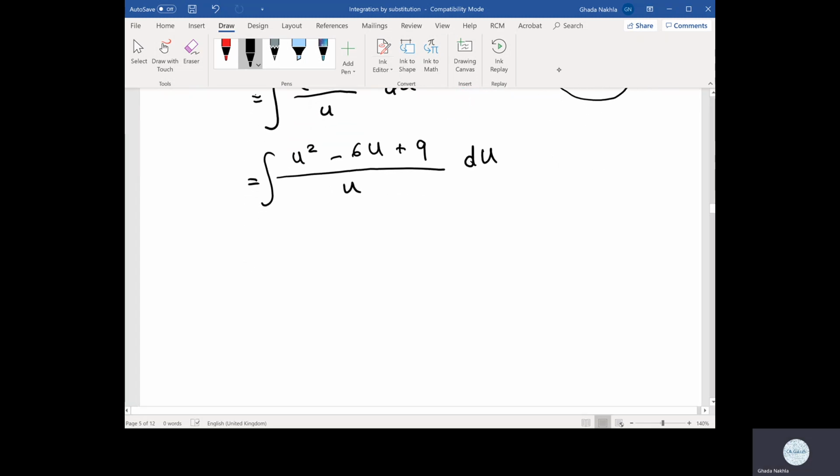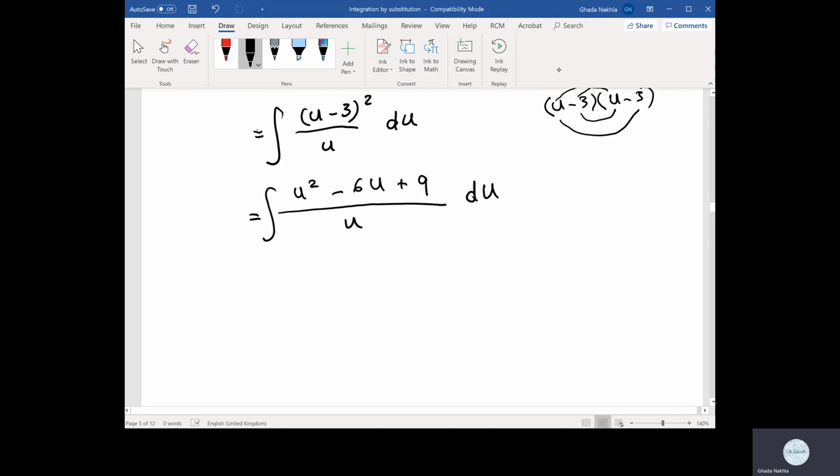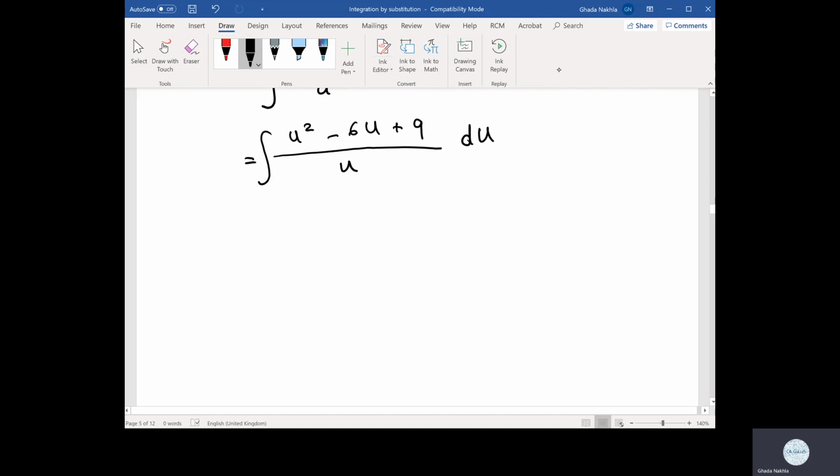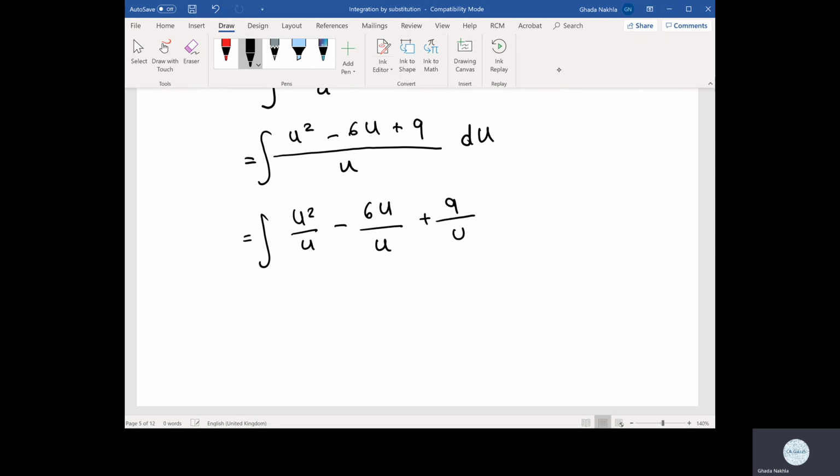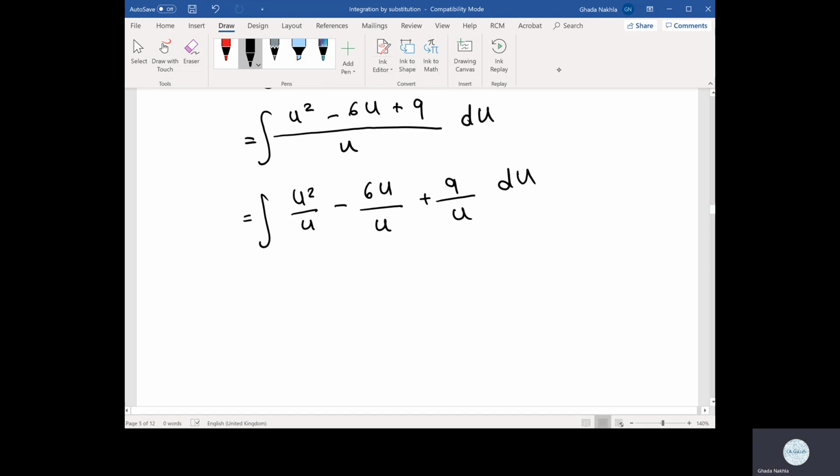Let's do a little bit of simplification before we integrate to make our lives easy. Let's go u squared divided by u minus 6u divided by u plus 9 divided by u du. Let's simplify further.